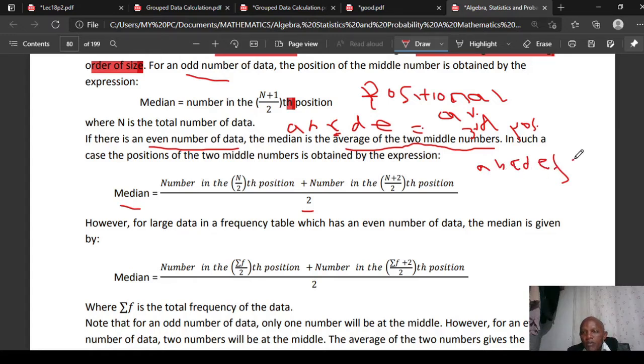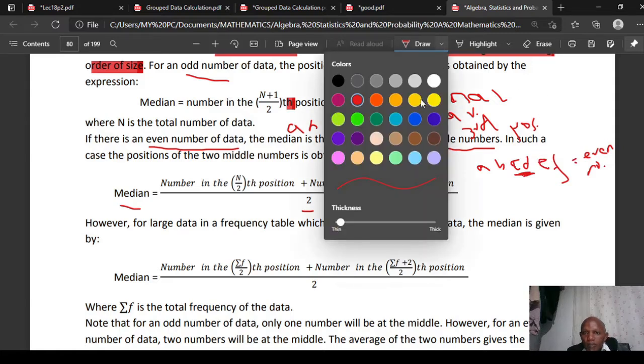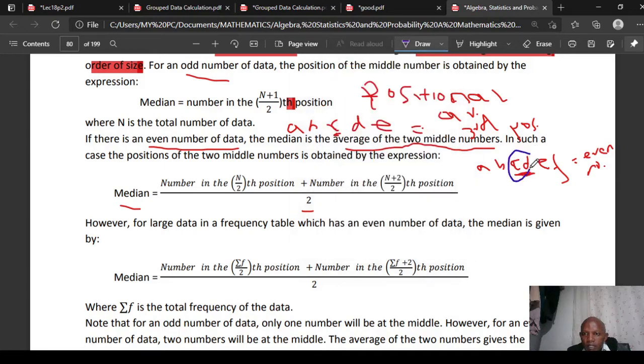So the number of observations here is an even number. Because 6 is an even number, the median of these 6 observations will be the 2 middle observations, as you're seeing: 1, 2 on the left side, 1, 2 on the right side. So these two values here are the ones that are at the center.